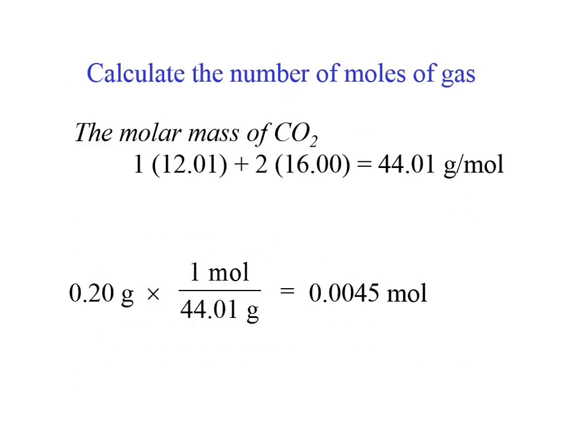All right, here we go. Here's the background stuff. We had 0.20 grams of CO2. We need to convert that to moles. You will need to knock out the molar mass of CO2, which, remember, we did those combustion problems? You take 1 times the mass of carbon, 12.01, plus 2 times the mass of oxygen, 16.00. Molar mass is 44.01 grams per mole.